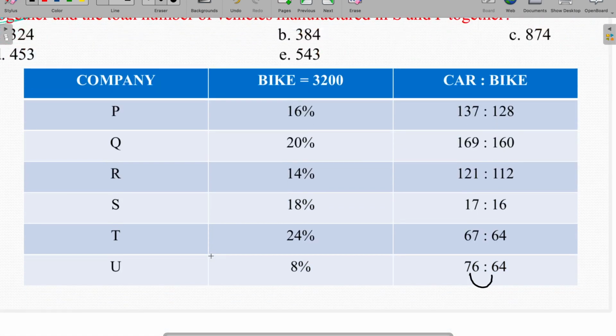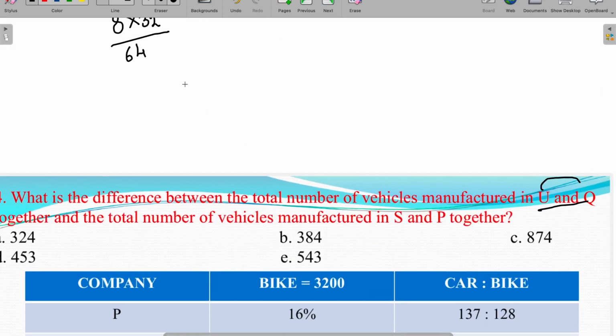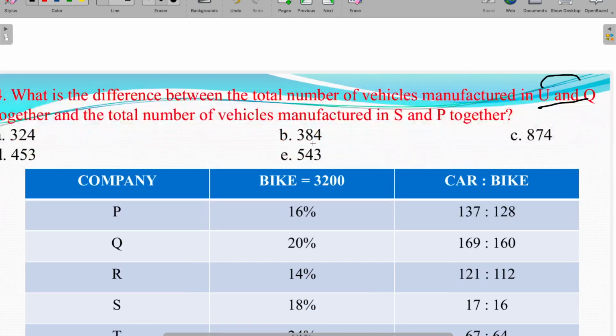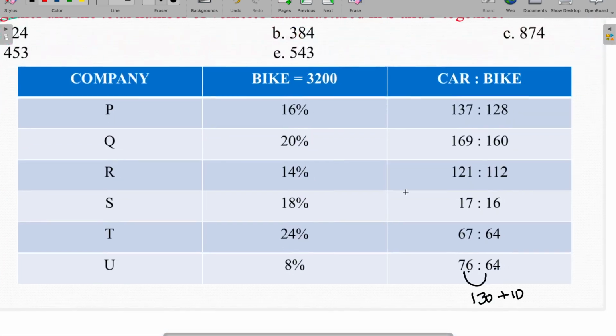If you see this question, U is 76 and 64, just an equation I'll write, you try this equation. 60 plus 70, that will be 130 plus 10, 140. Calculation is important here.